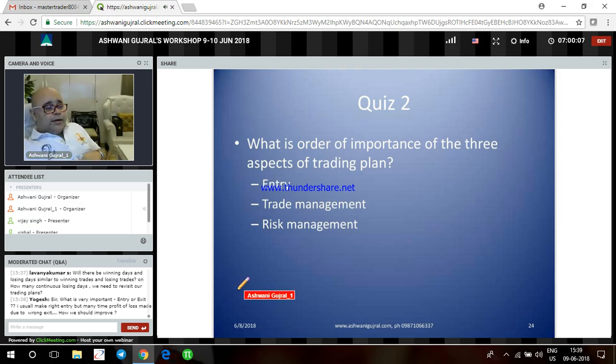There is some demand at a location, whether it's the 20 or whether it's the 200. 1, 2, 3, 4, 5.